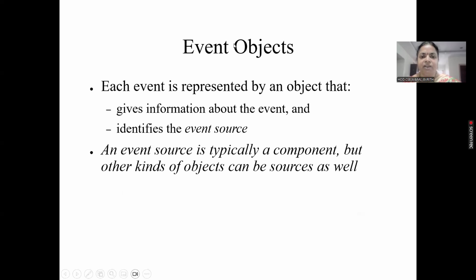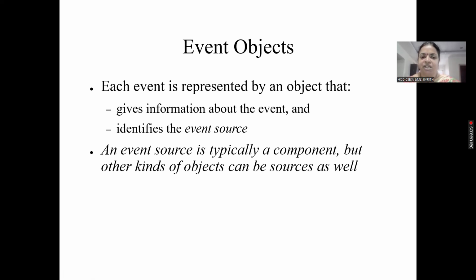Next, we will see the event objects. So what exactly is the event object? The event object contains the methods which are required for handling the event and for executing the code of the particular event. It will be used whenever that particular situation is raised.